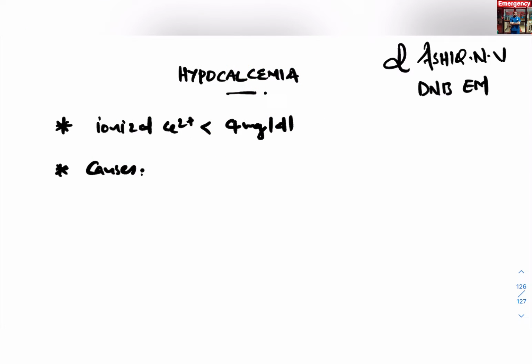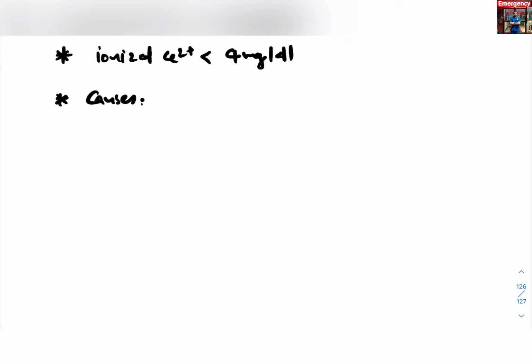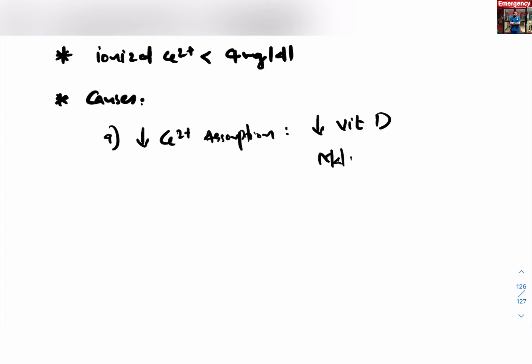The causes are broadly divided into three categories. The first one is decreased calcium absorption, due to either vitamin D deficiency or malabsorption syndrome. These are the two mechanisms for decreased calcium absorption.